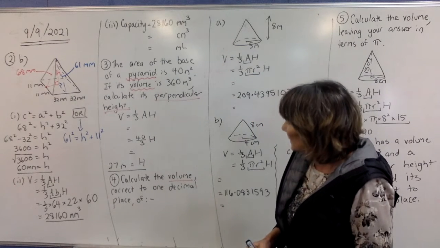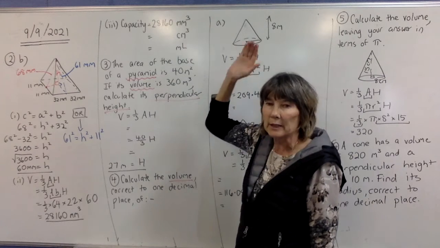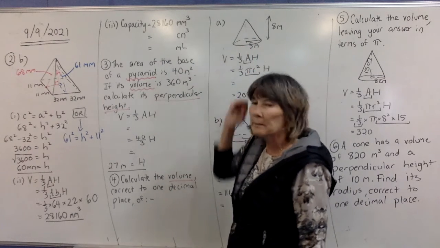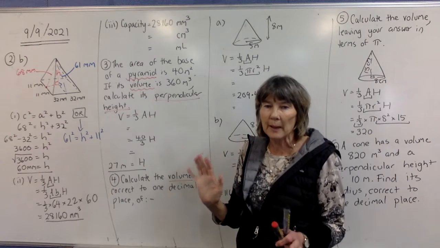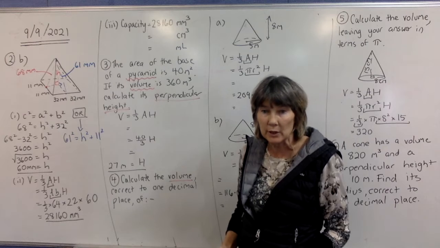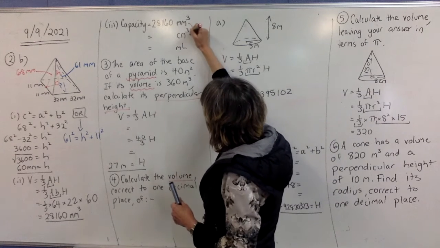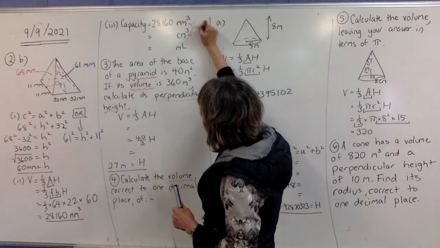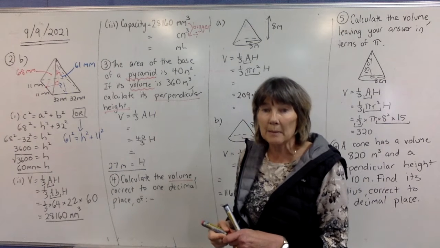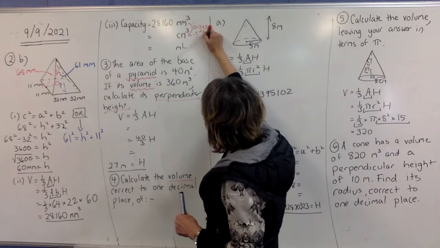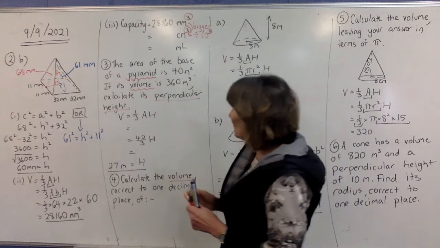Right, now the capacity. We're looking at what we got for our volume and trying to convert it to liquid measurements. Well, millimetres cubed really needs to change to centimetres cubed first because we know nothing about converting to liquids for millimetres cubed. It's too small. So we're going to go from here to here. We're going to a bigger unit, so we divide. And if you think of your ruler, there's 10 millimetres in a centimetre, so we're dividing by 10. That's cubed and that's cubed, so we put a cube there.